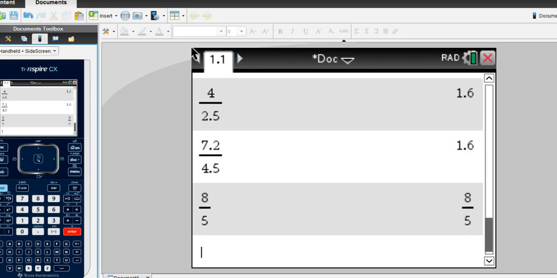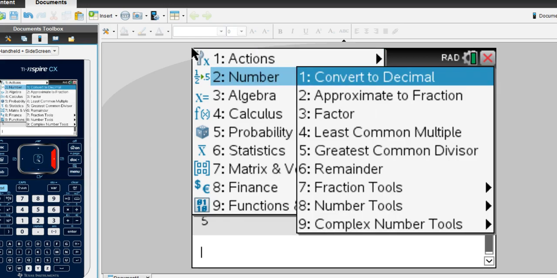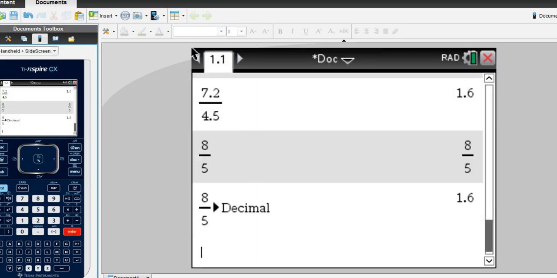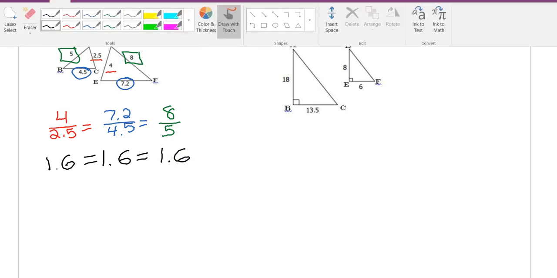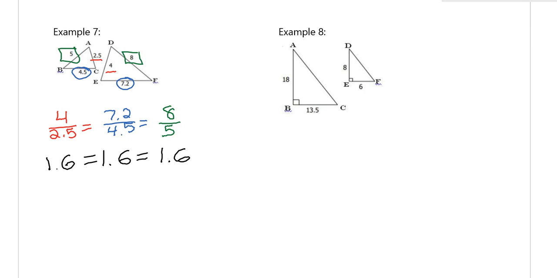Ooh, a fraction. I'm going to change it to a decimal right away because I know the other two are decimals. So number, convert to decimal. And again, we get 1.6. So those all look good. So these are similar. So we're going to do triangle ABC.